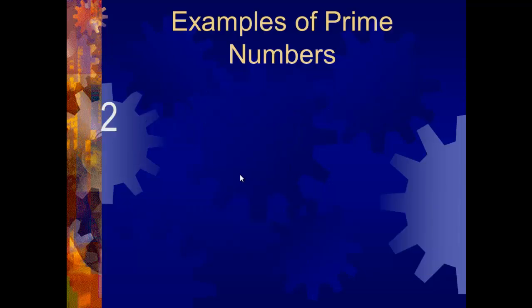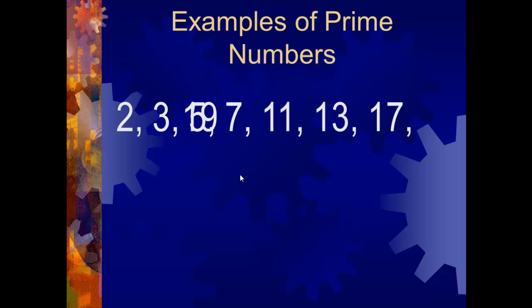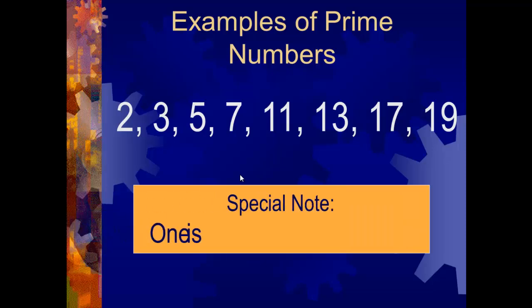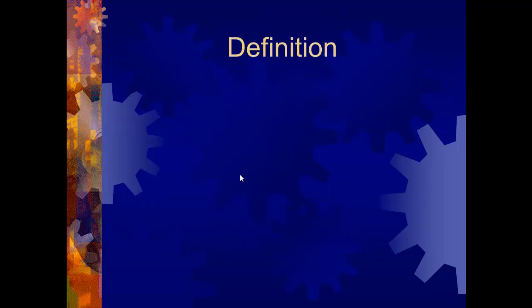Now, prime numbers are 2, 3, 5, 7, 11, 13, 17, 19, and so on. One is not a prime number.